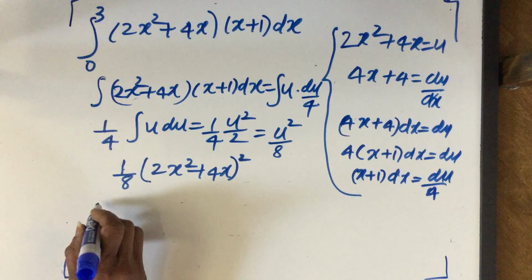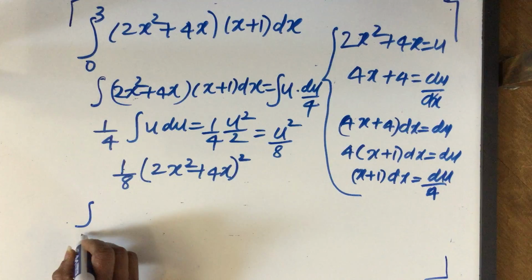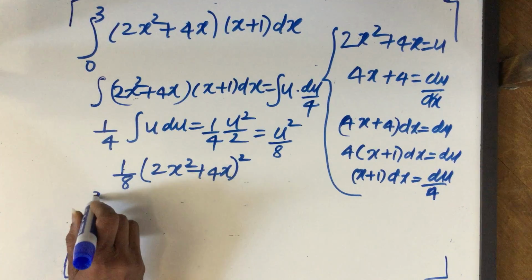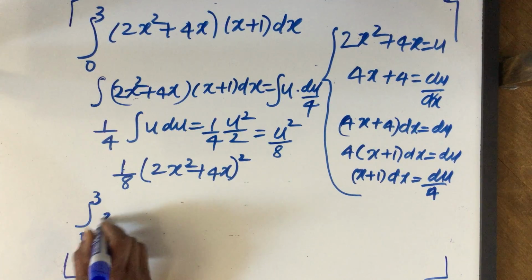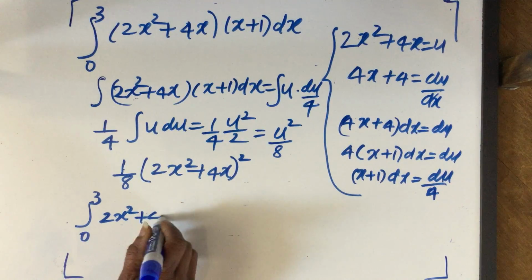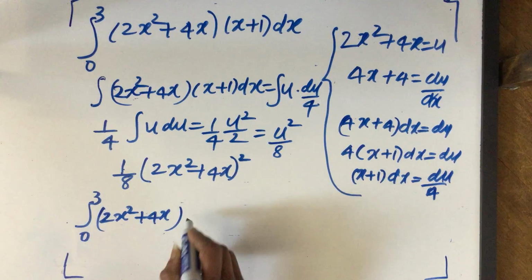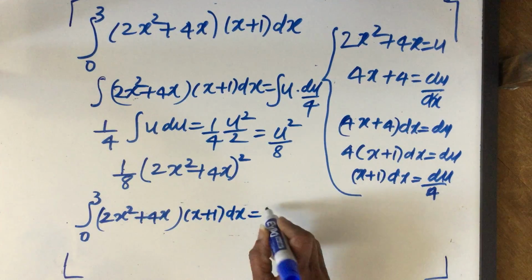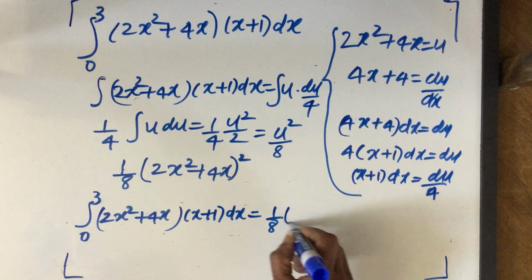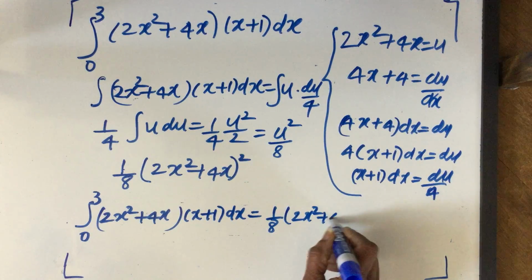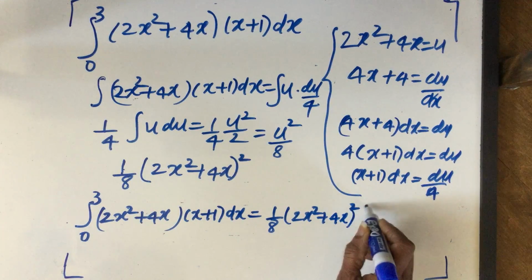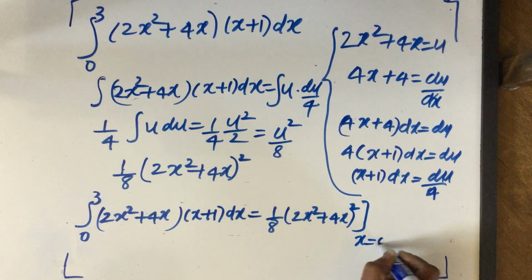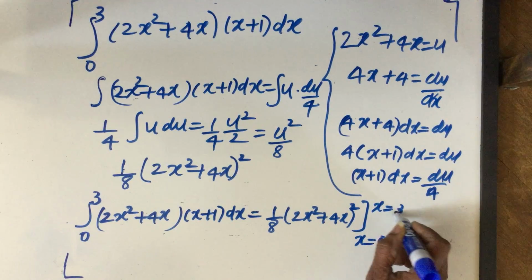Now when you find the final definite integral, it is 0 to 3 of 2x square plus 4x times x plus 1 dx. So this will become 1 by 8 times 2x square plus 4x, squared, between x equal to 0 and x equal to 3.